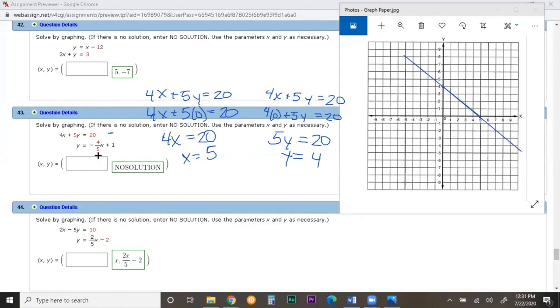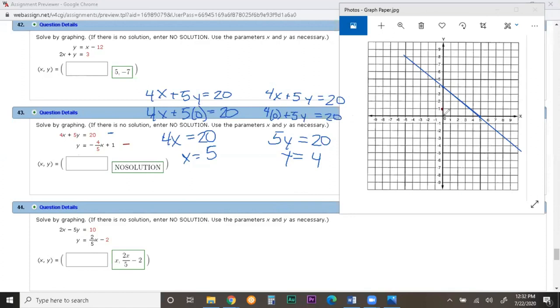Now let's look at the second equation. The second equation is in slope-intercept form, so this one is going to be easy to graph. We have a 1 here, so that means that we have to plot 1 on the y-axis. And our slope is -4/5.